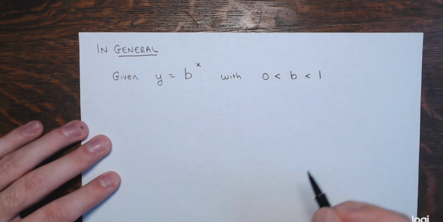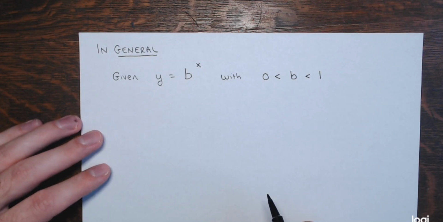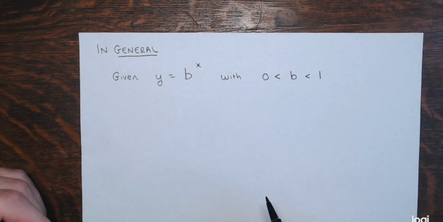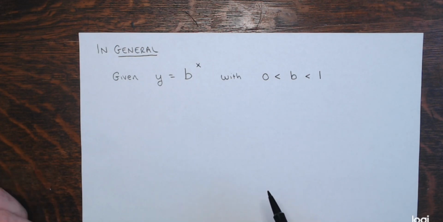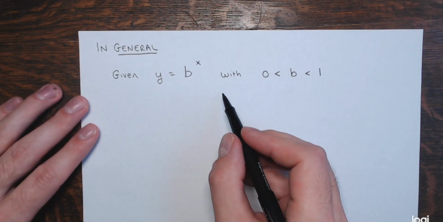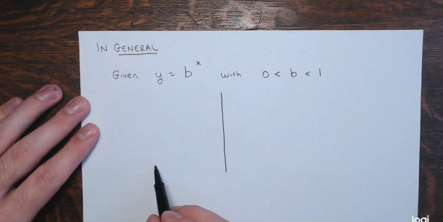So like the 1/3 to the x, the 1/7 to the x, the 0.6 to the x that we saw in the previous 3 examples, the graph will look like those 3 graphs did.